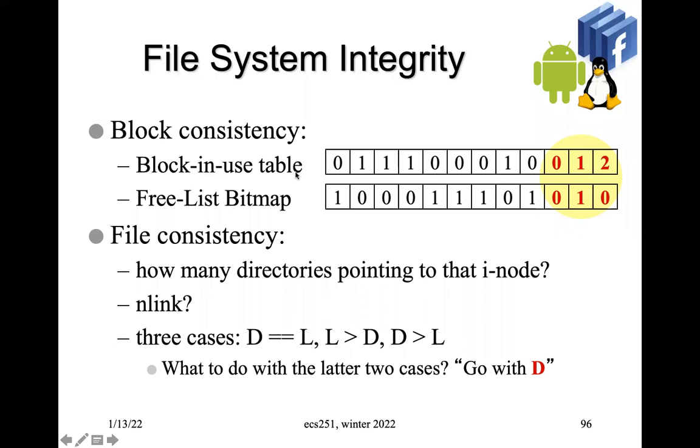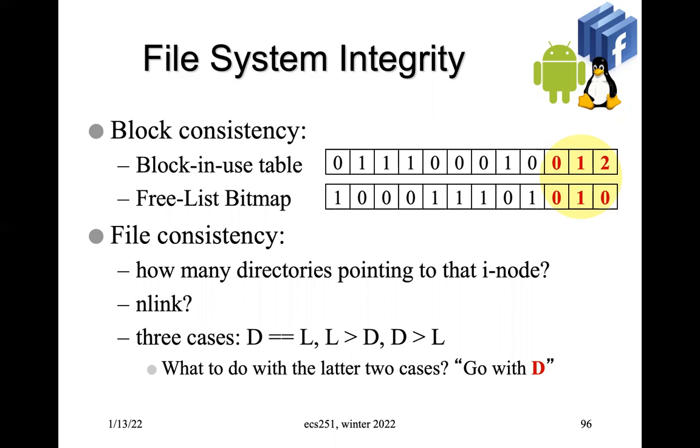Let's first talk about it as a bitmap, the block in use bitmap. It means I want another table which tells me whether this block is in use. The first table tells me which block is free, but I want another table which tells me which block is in use.